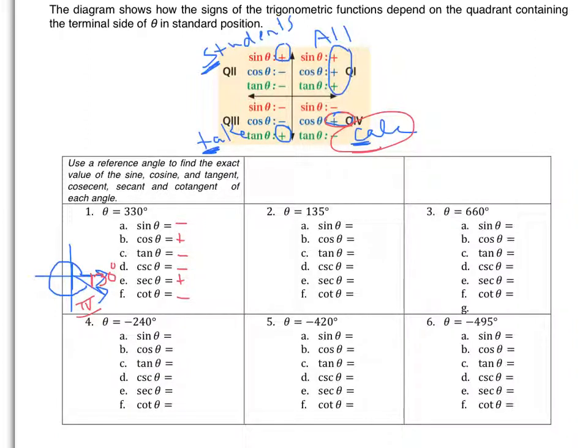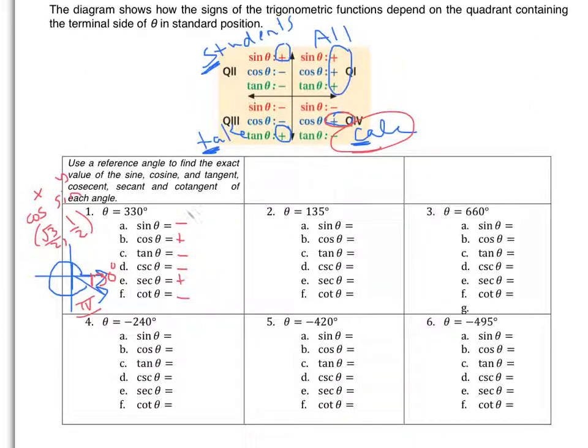Then, either memorizing or using the hand trick, I can look at a 30-degree angle, and I know that it's root 3 over 2 and 1 over 2. And we know the first value is the cosine or the x, and the second value is the sine or the y value. So let's go ahead and fill it in.